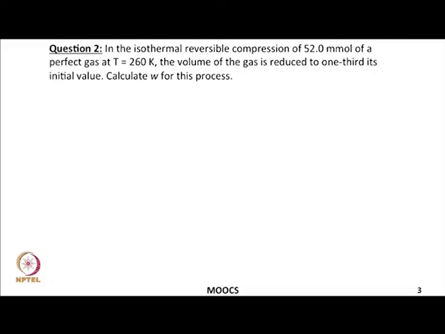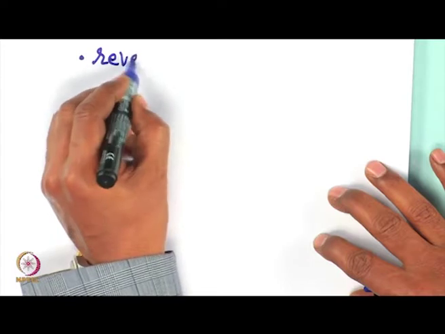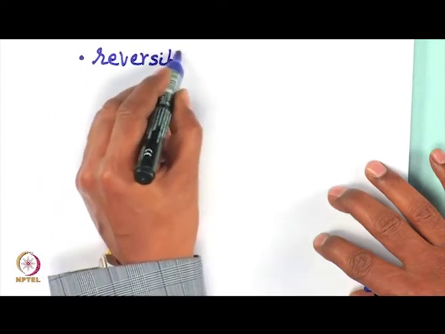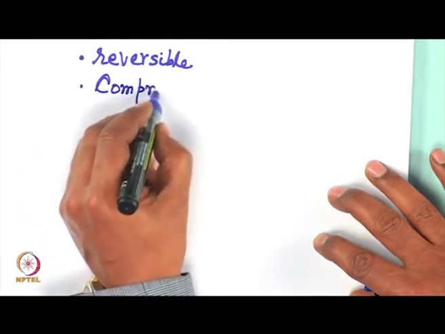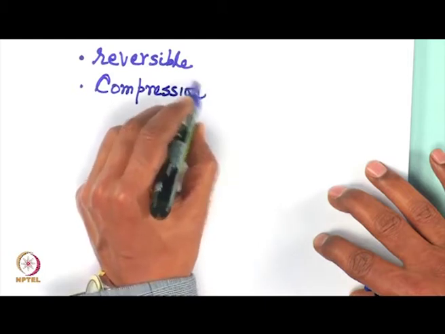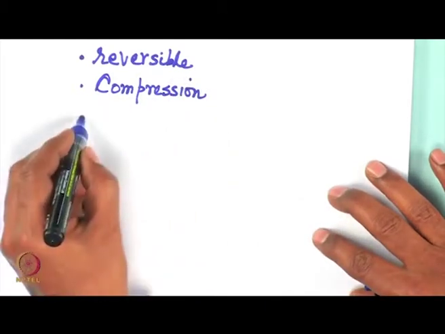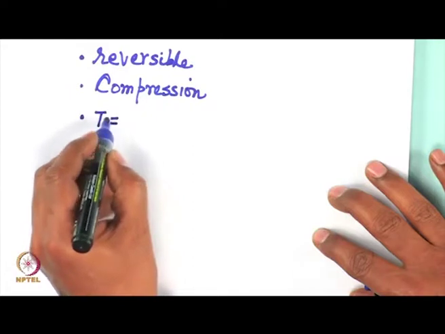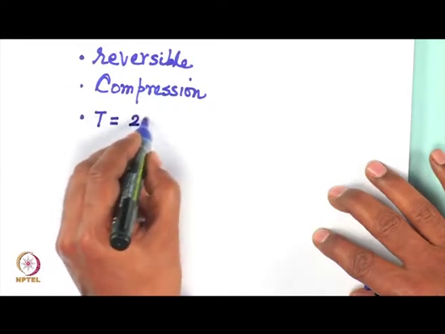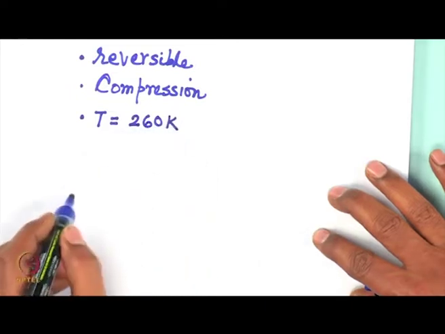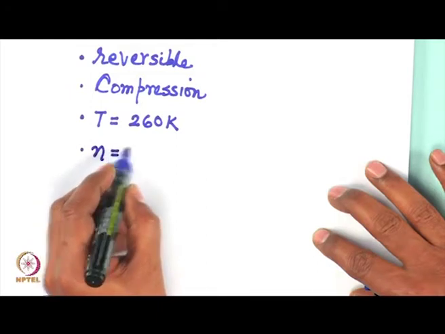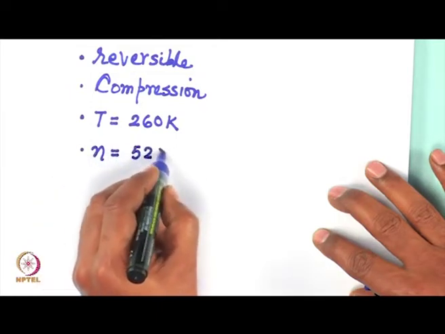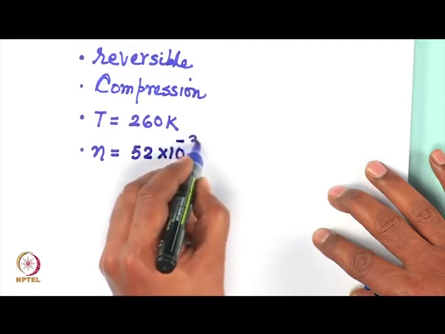We note that the process is reversible, and the second thing we note, it is compression, and the third thing to note is that temperature remains constant, it is isothermal, which is 260 Kelvin, and then we are given the number of moles, which is equal to 52 millimole, that is 52 into 10 raised to the power minus 3 mole.